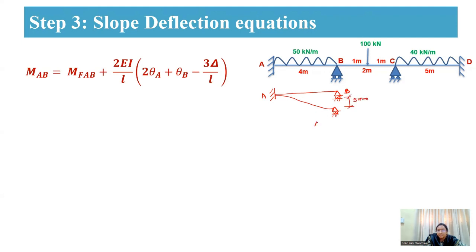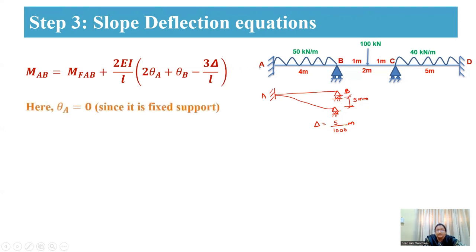That means here delta you are going to consider as 5 by 1000 meters, that is 5 into 10 power minus 3 meters, and you're going to substitute for the AB span and BA span. So here the settlement will be positive for AB. So now you're going to substitute here.